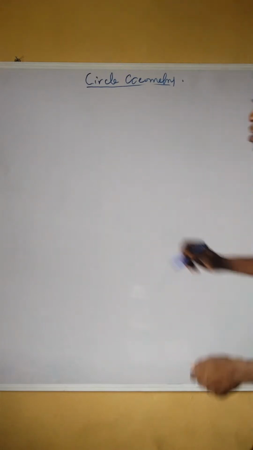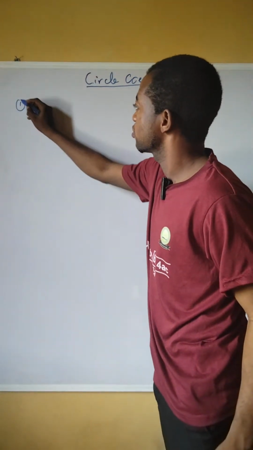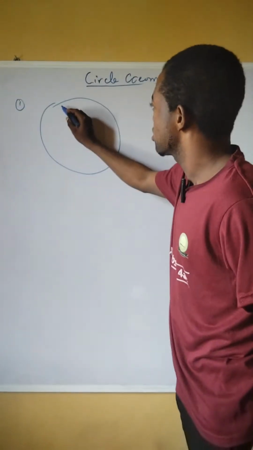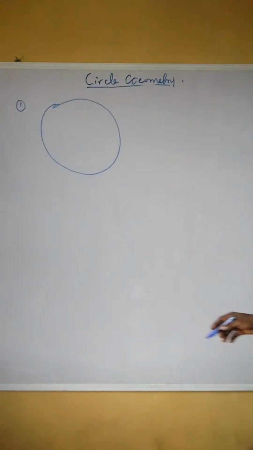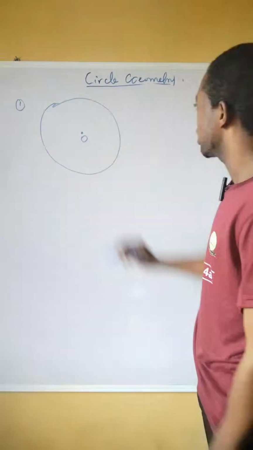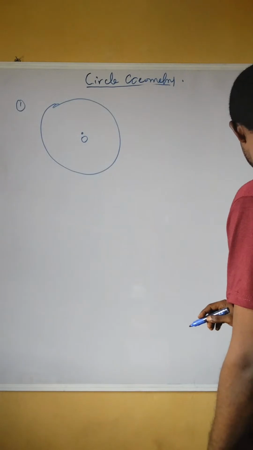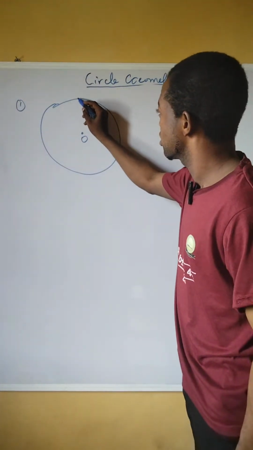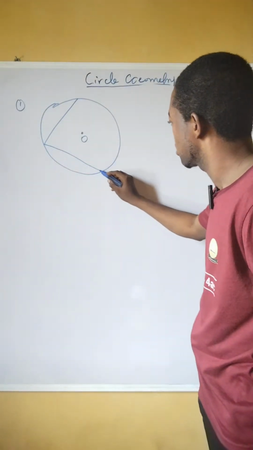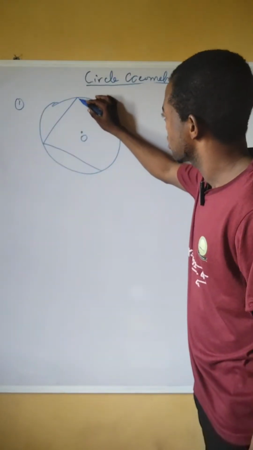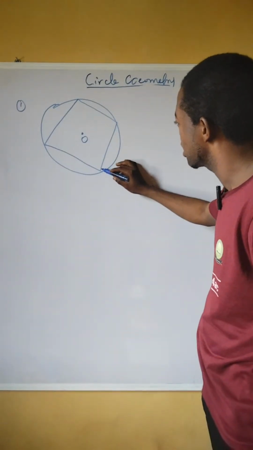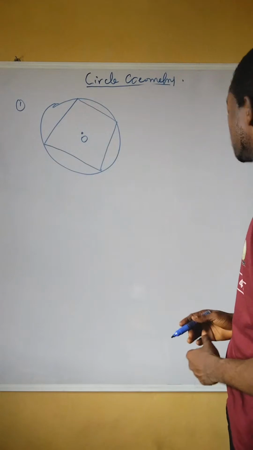We are given a circle like this with the center here, and a cyclic quadrilateral, something like this, drawn inside. Should we call it a kite or what? But it's a quadrilateral inscribed in the circle.